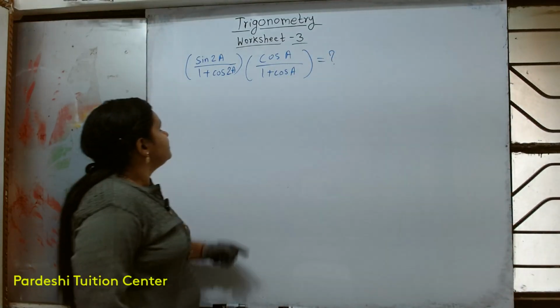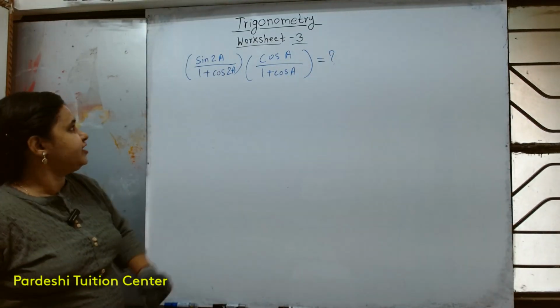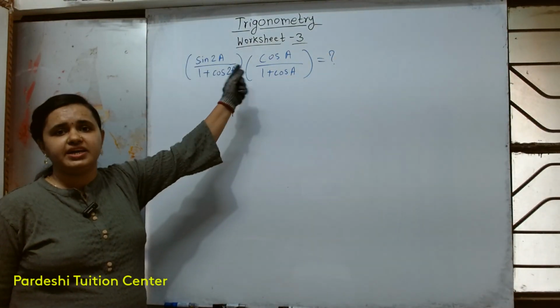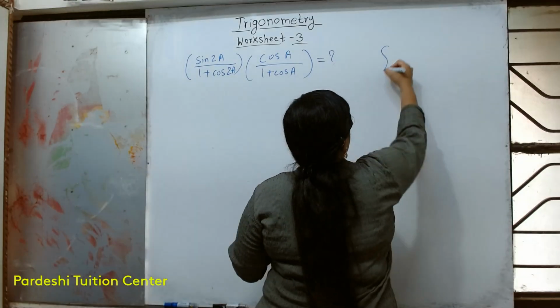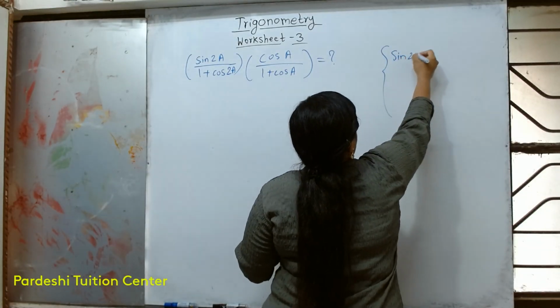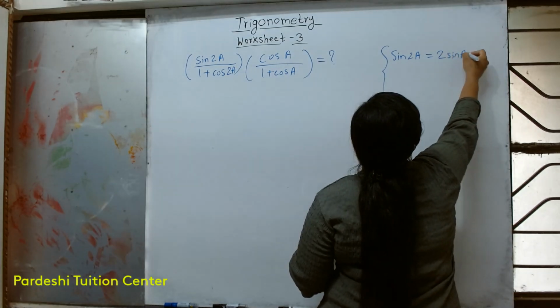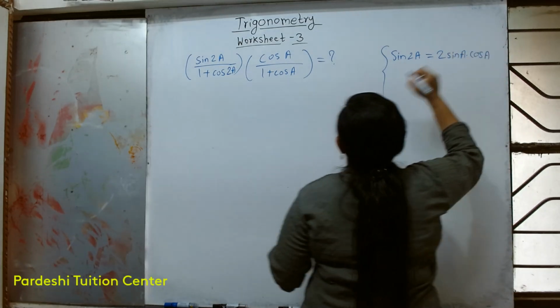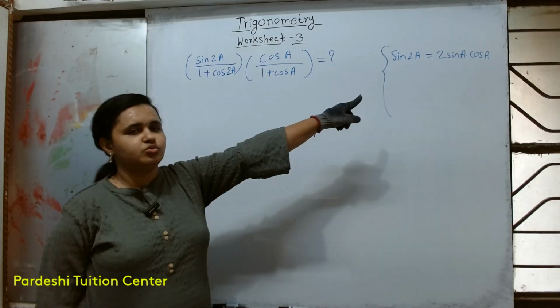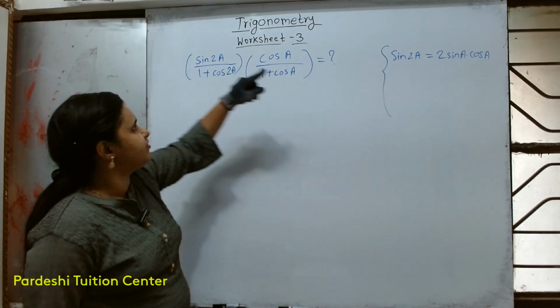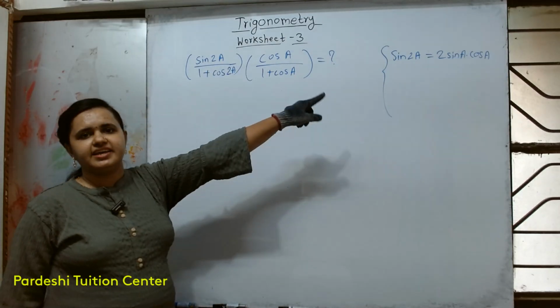Now here it is sin 2a. Do you remember the formula for sin 2a? Sin 2a was 2 sin a into cos a. We can put the value of sin 2a as 2 sin a into cos a.